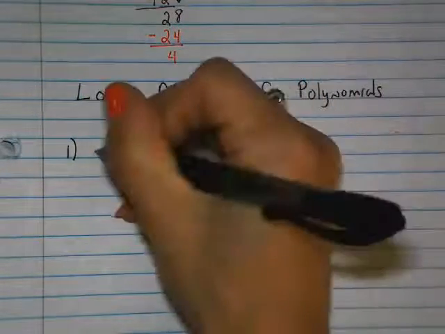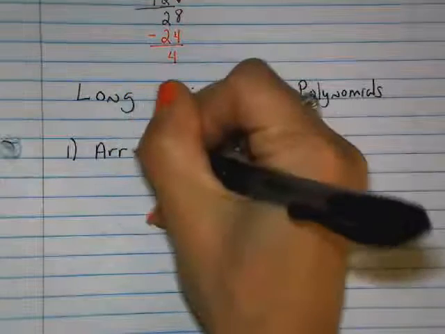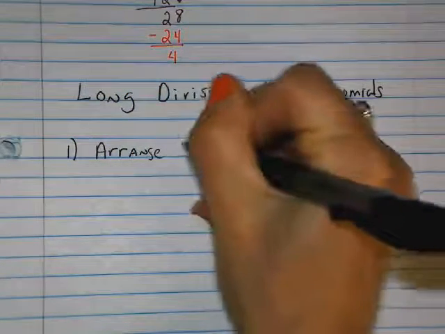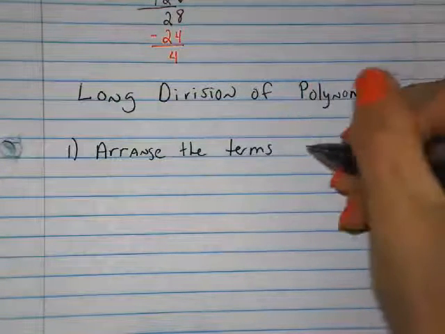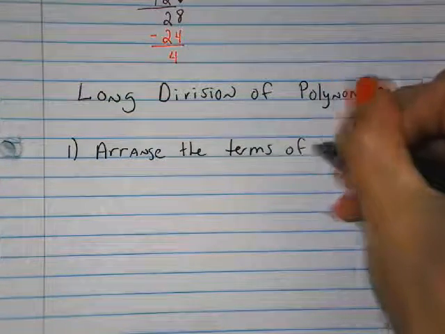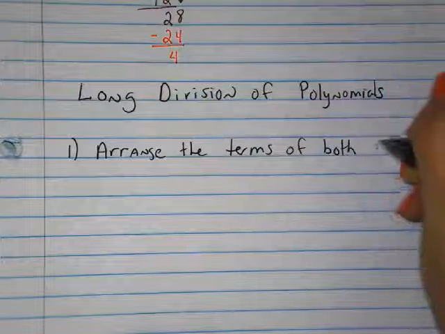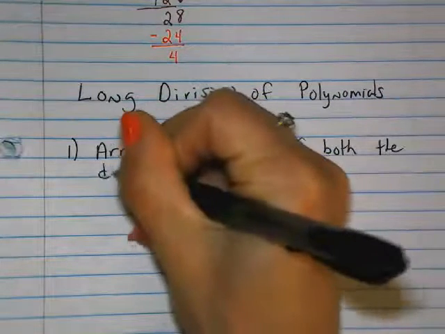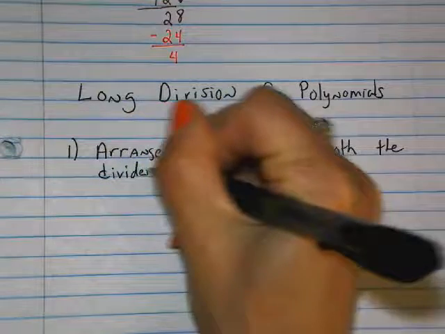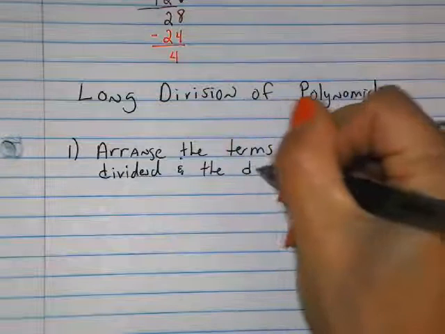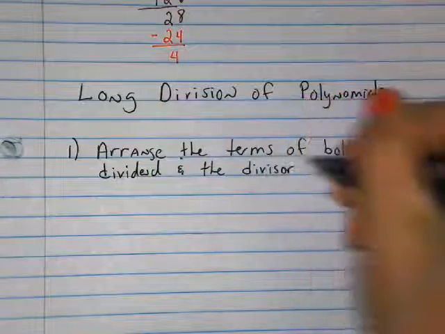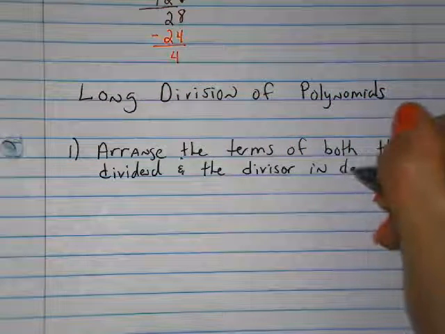First thing I need you to do is arrange the terms of both the dividend and the divisor in decreasing powers.